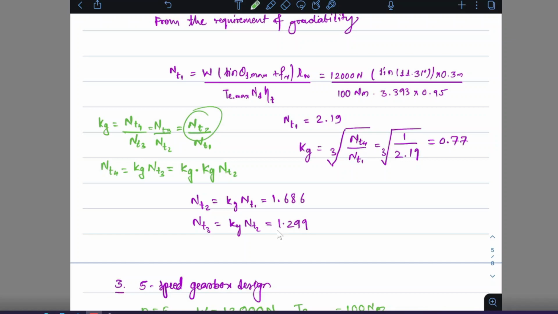We can write it as kg into NT1. So we have kg square into kg NT1. This essentially means NT4 is equal to kg cube into NT1, right? Which is the same expression as this cube root.